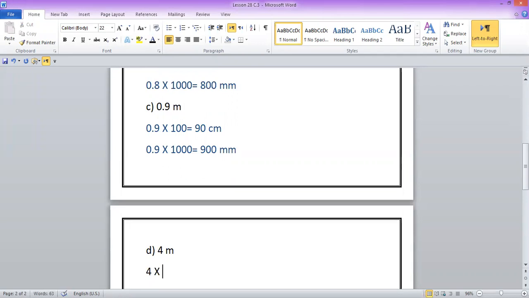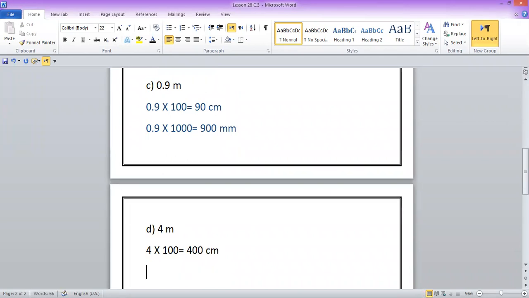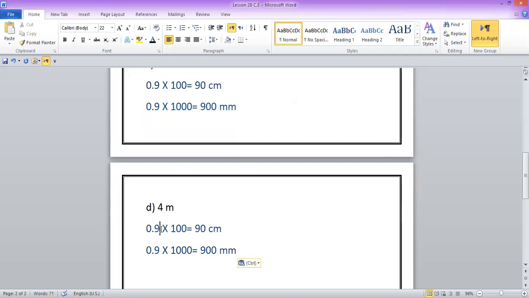Convert 4 meter to centimeter and millimeter. 4 multiplied by 100 is equals to 400 centimeter, and 4 multiplied by 1000 is equals to 4000 millimeter.